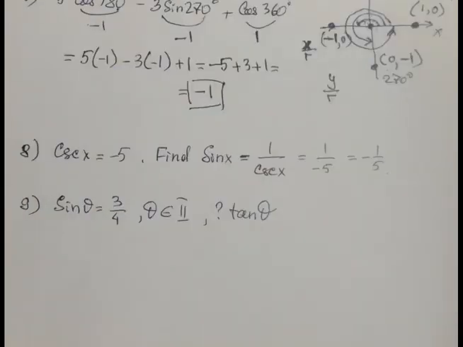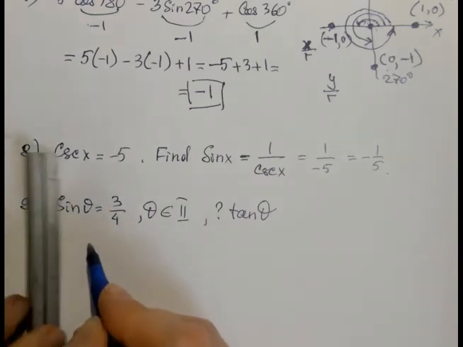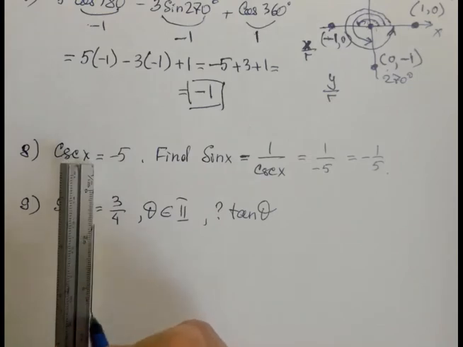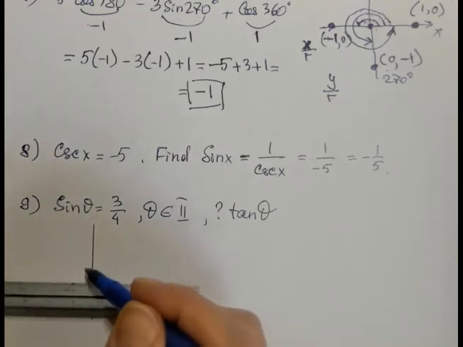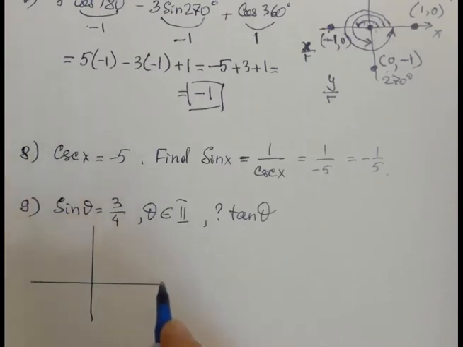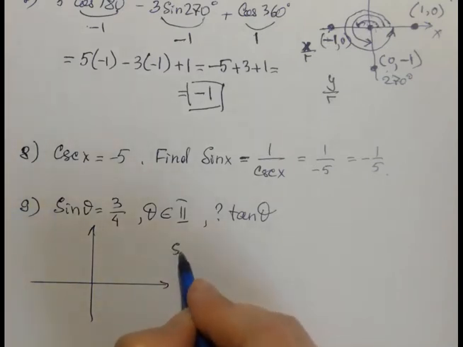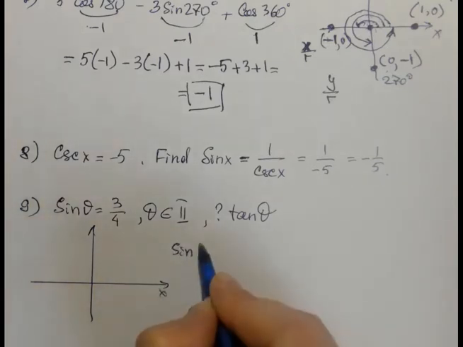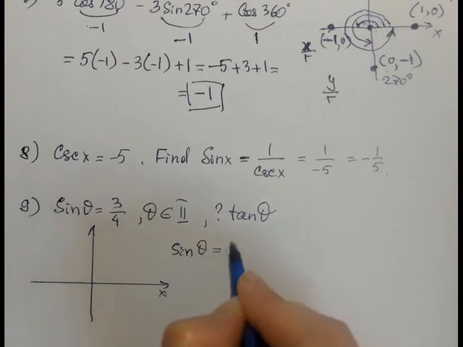Problem number 9. Given that sine theta equals 3/4 and theta is in quadrant 2, find tangent theta. So we need to sketch this angle in the second quadrant. Sine is positive, which is normal for the second quadrant. So we know that sine is y over r.